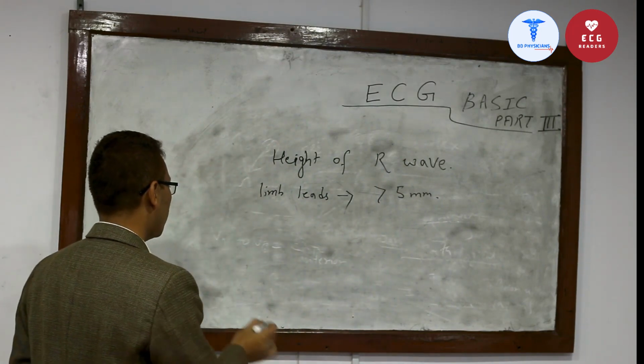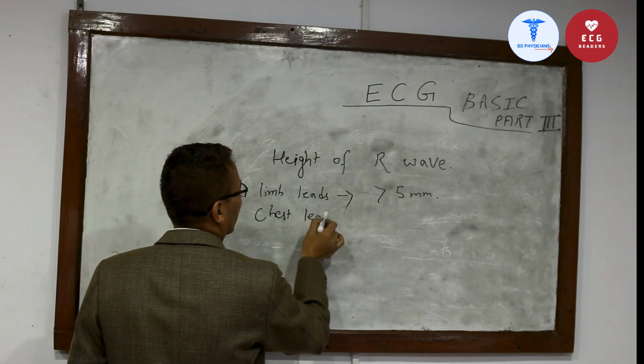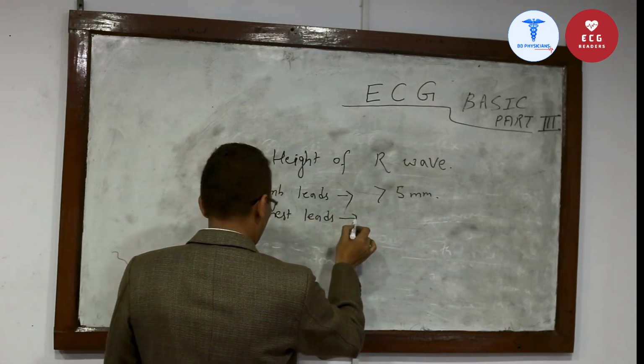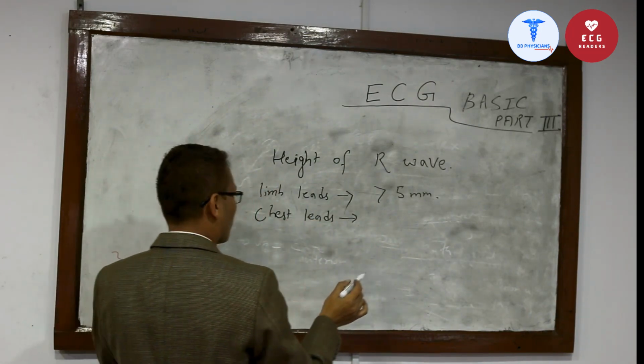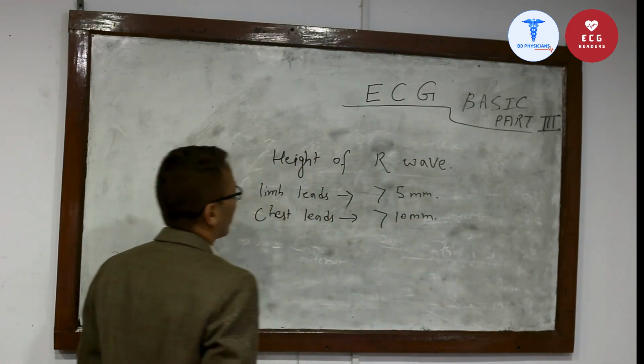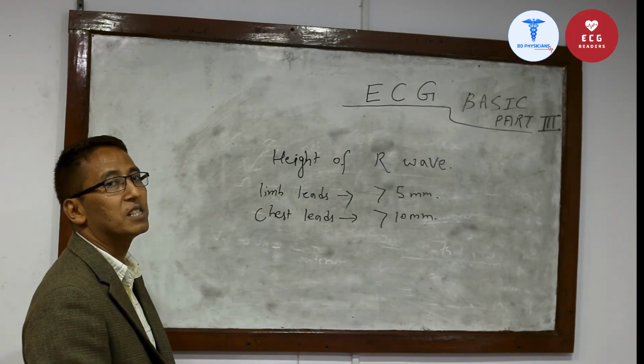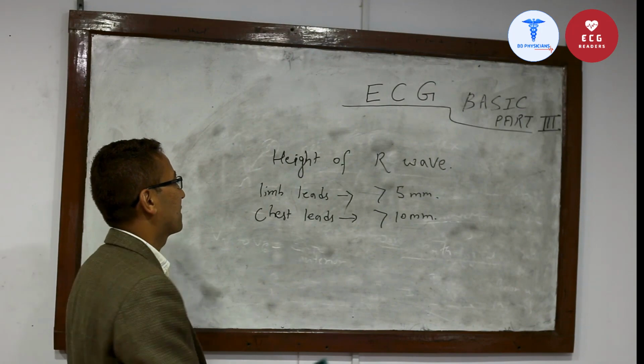In the chest leads, the height should be more than 10 millimeter. Limb leads more than 5 millimeter, and in the chest leads normally it should be more than 10 millimeter.